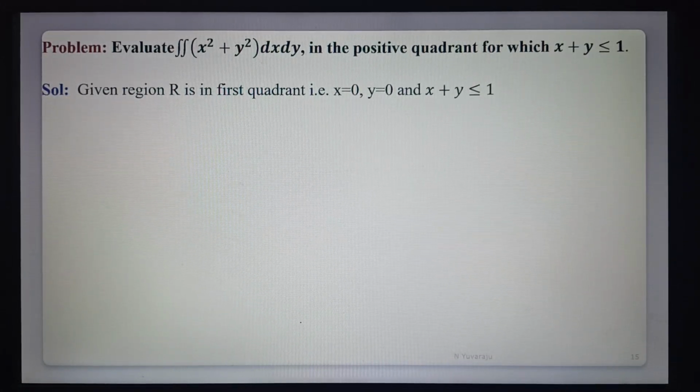Positive quadrant means first quadrant with the x axis and y axis, that is x equal to 0 and y equal to 0, and the line x plus y less than or equal to 1. The line x plus y equal to 1 has intercepts, intersecting the x axis and y axis. First of all draw the region, that is very important. First draw the graph, then from the graph we find the limits directly.